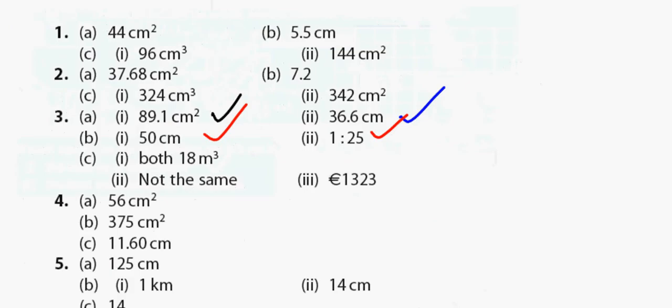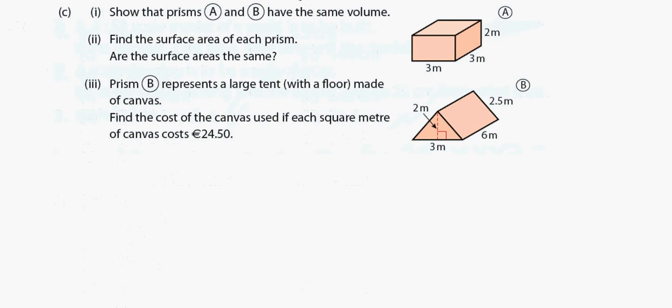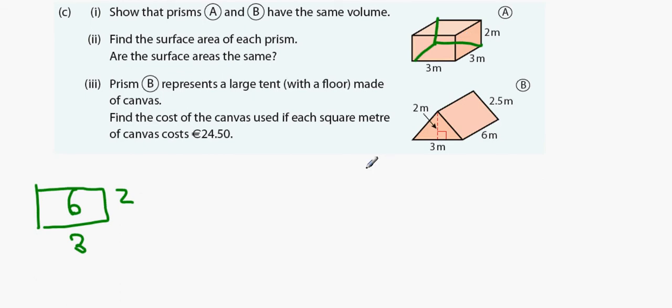Okay. Now, what we can do is we can get the area of each side. So the area of the first side is going to be 3 by 2. This is 3 by 2, which is 6. Okay, so that means the area of the back face is 6, and the area of the front face is 6. So that means there's two faces that have area 6. Then we have the side areas, which is also 3 by 2.